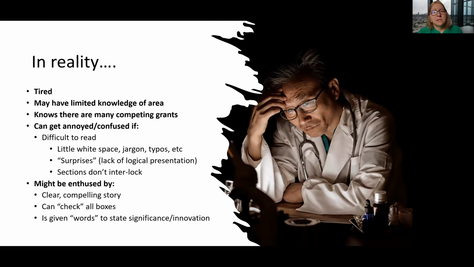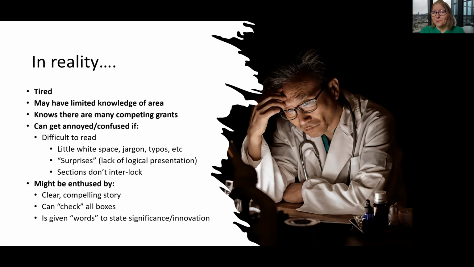The reviewer understands that there are many competing grants. They're never supposed to say something like, I think this should be funded or not funded. They're explicitly told, do not use the F word. But they intrinsically know that the best scores are more likely to be funded, and mediocre or poor scores aren't.